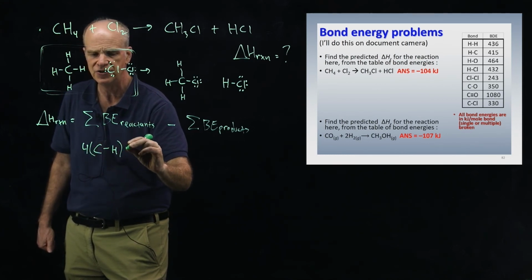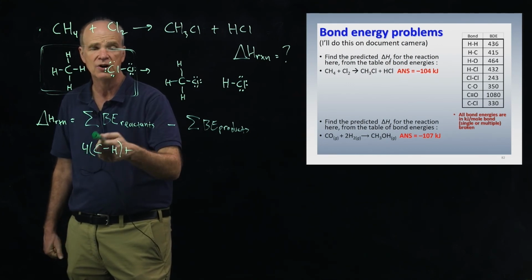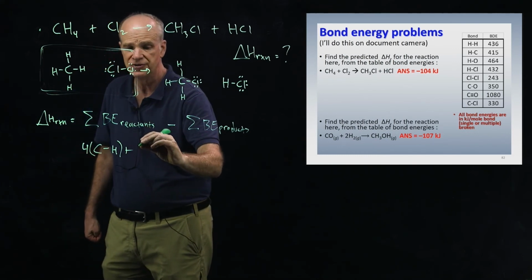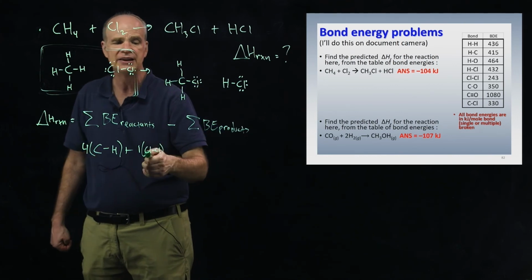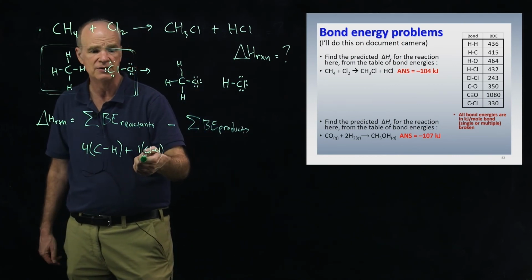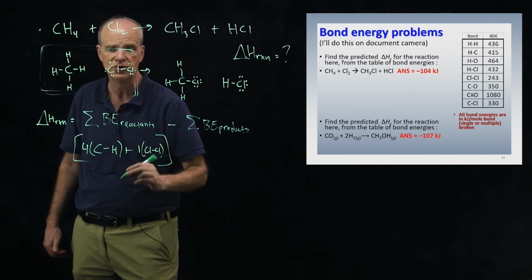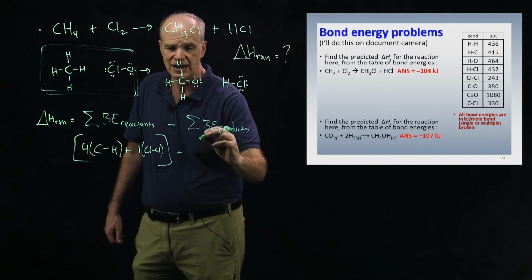So we'll have to take the bond energy of carbon-hydrogen and multiply it by 4. Here we only have 1 chlorine-chlorine bond, so here it's 1. We'll have to look up the bond energy for chlorine bound to chlorine and only multiply by 1. So we'll have to get that information. That will be the total bond energy of the reactants. And subtract that from the bond energy of the products.